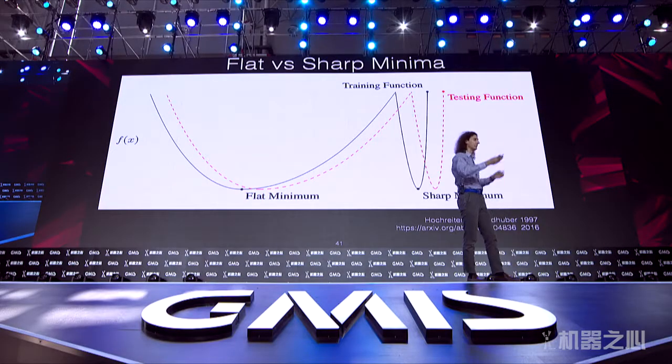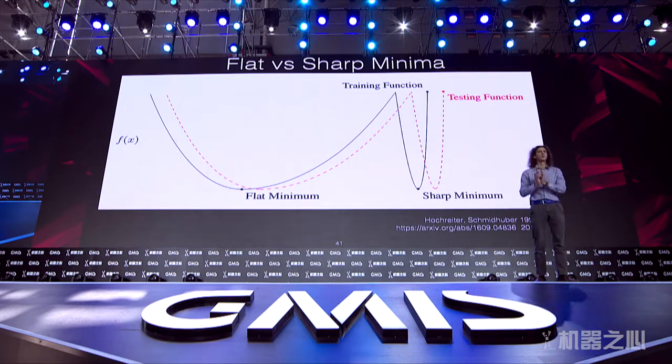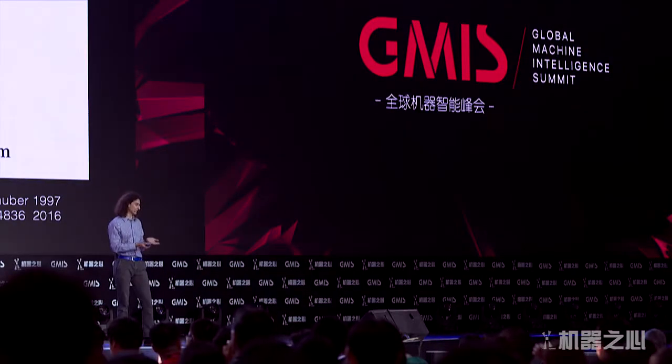It's non-convex, so you can have different bottoms that you might land in. Some of those bottoms are called sharp minima, where the sides of the loss surface go up very quickly, and some of them are flat. There's research showing that if you end up at the bottom of one of these sharp minima, your network is going to generalize less well than at the bottom of a flat one. So even though it's the same value on the loss surface, you get better accuracy out of a flat minimum than a sharp one.